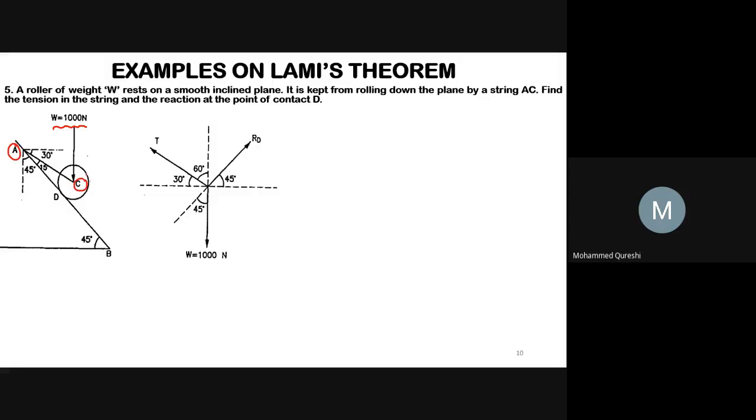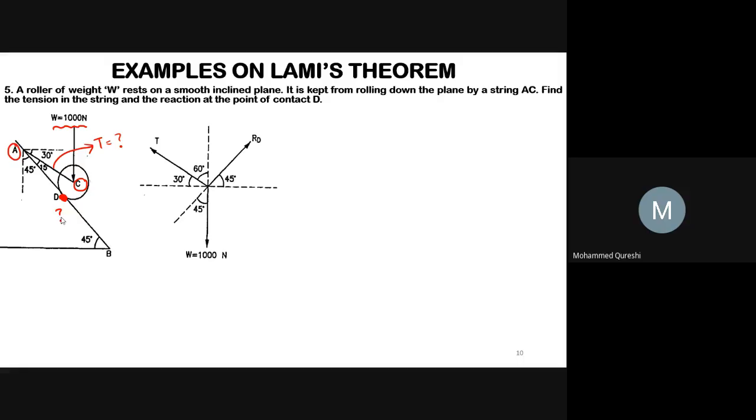It is kept from rolling down the plane by string AC. Find the tension in the string. Means we have to calculate the tension in the string and the reaction at the point of contact D.